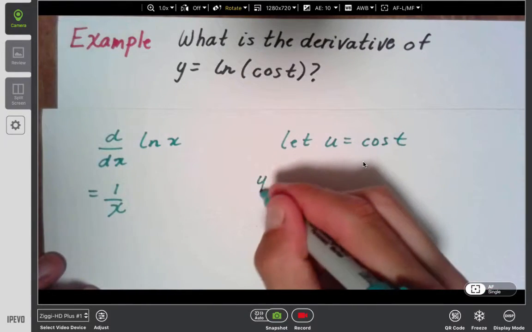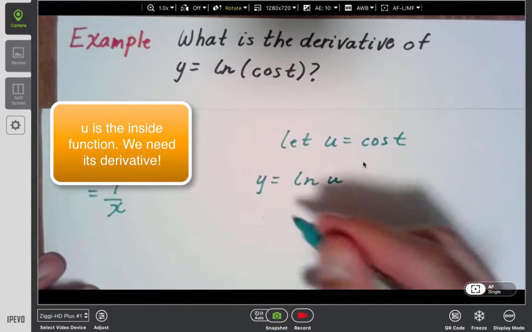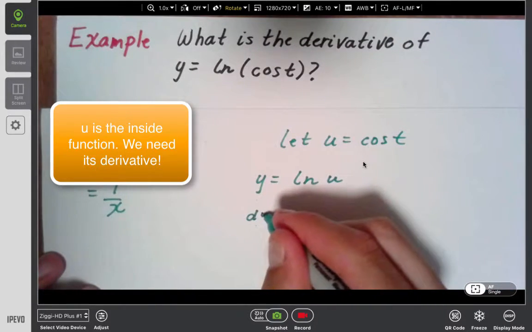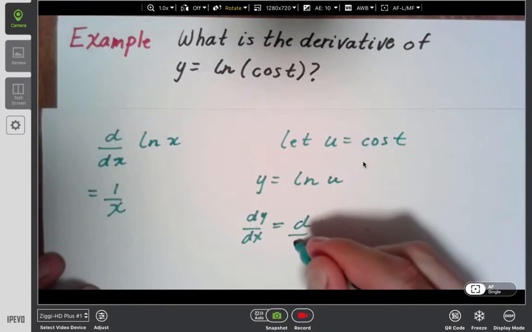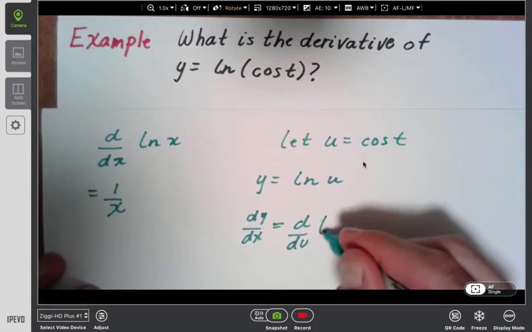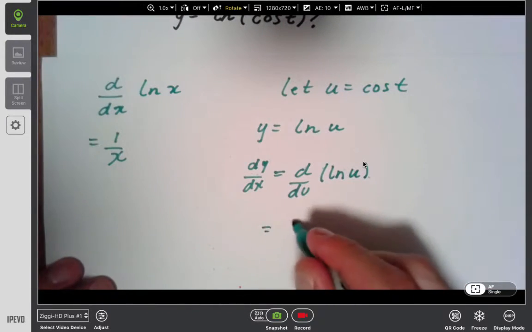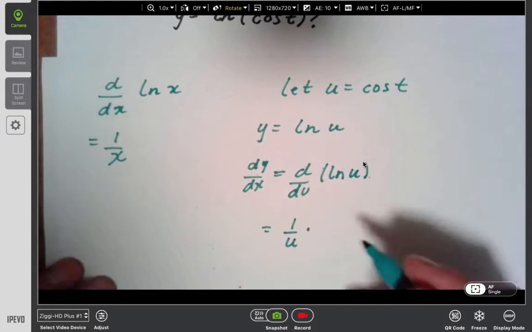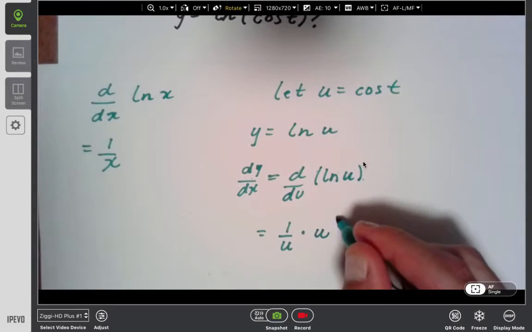So now I have y equals ln of u. If I take the derivative of that, dy/du of ln of u, I get 1 over u. But u is not just u. I have to multiply it by the derivative of u.